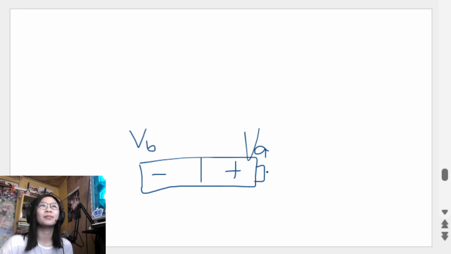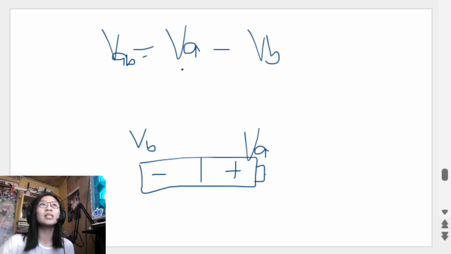So basically, voltage, or VAB, is the first potential, which is A, minus VB.